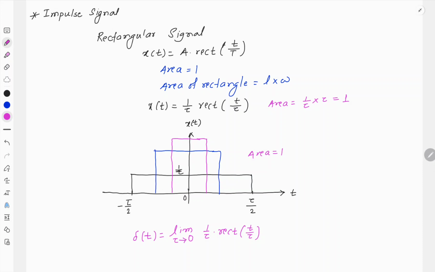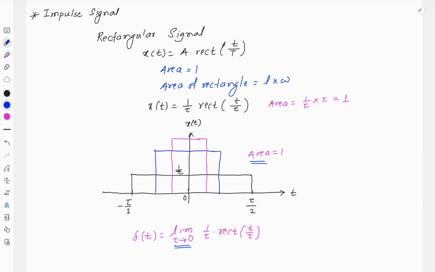So if we go on repeating this process at the condition tau equal to 0, means when width of the signal becomes 0, its height will go to infinity, so that area will be maintained at 1. This is the ideal condition.